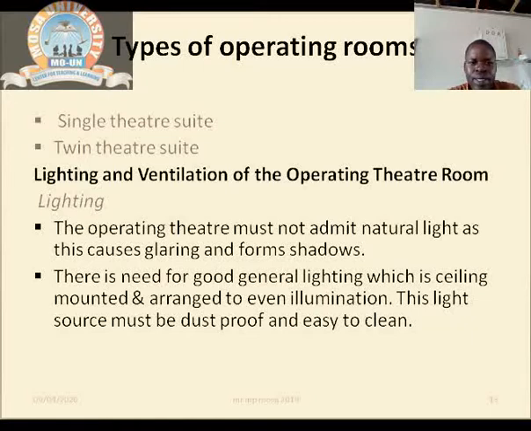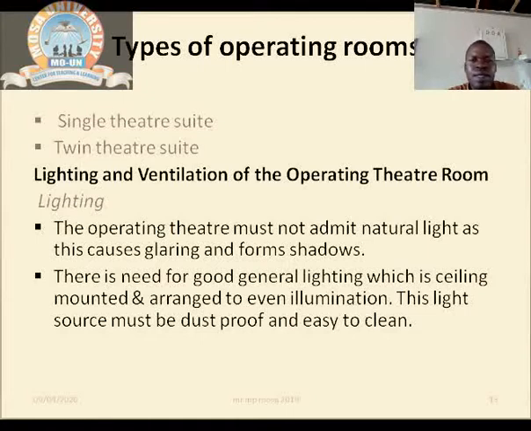Let us look at lighting and ventilation of the operating theater room. Lighting. The operating theater must not admit natural light as this causes glaring and forms of shadows. Just like I said in the beginning, theater is not supposed to admit natural light because this causes glaring and forming of shadows.